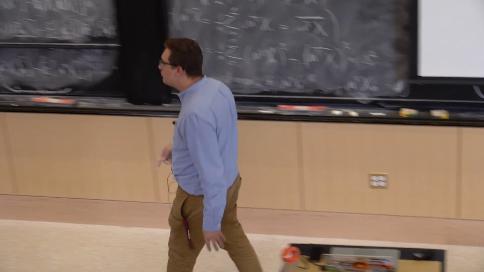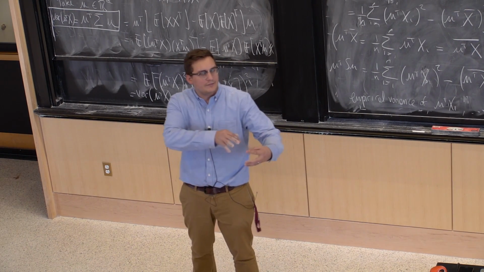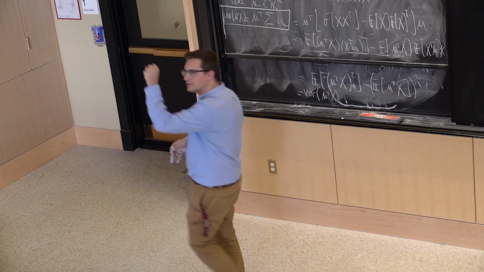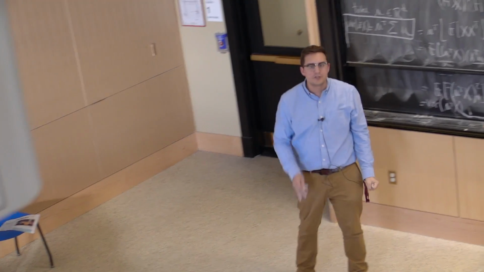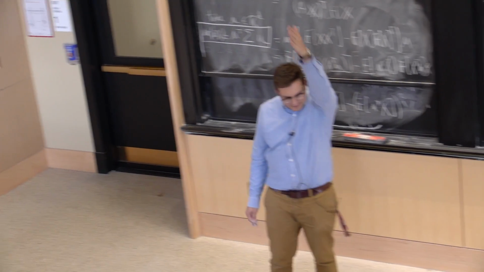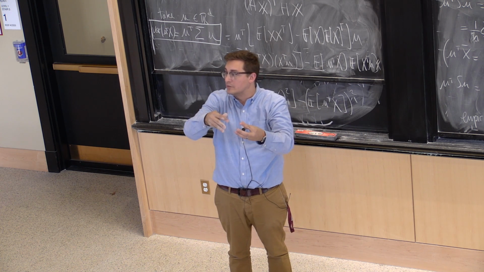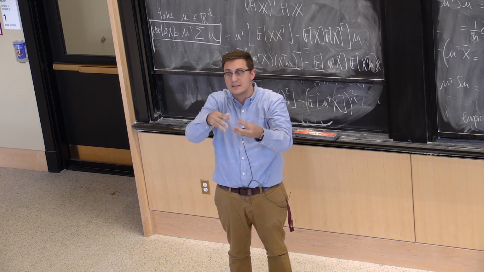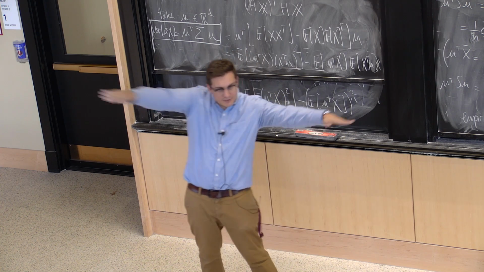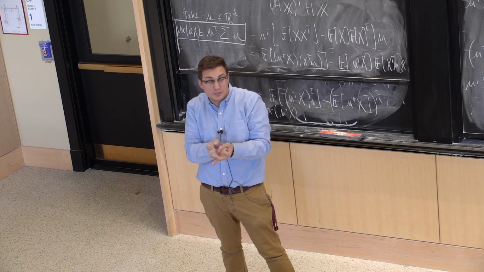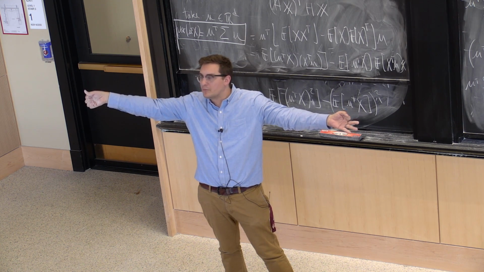If I have all my points that live in, say, 3 dimensions, and I decide to project them onto some plane, but I take a plane that's just like this, what's going to happen is that those points are all going to project to the same point, right? I'm just not going to see anything. However, if I take a plane which is like this, they're all going to project into some nice line. Maybe I can even project them onto a line, and they will still be far apart from each other.